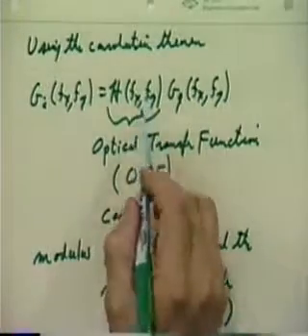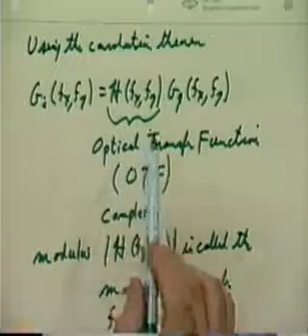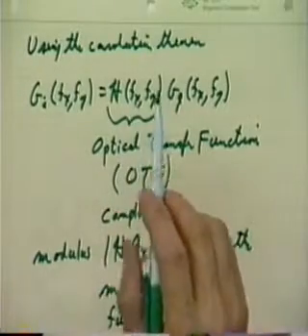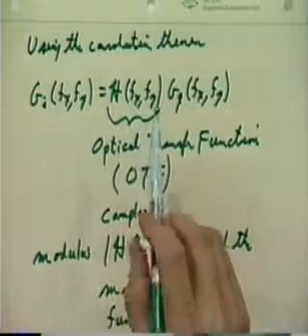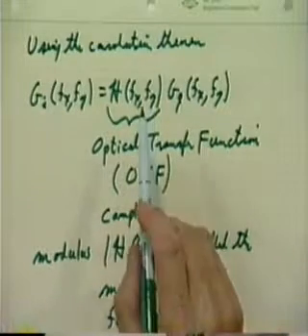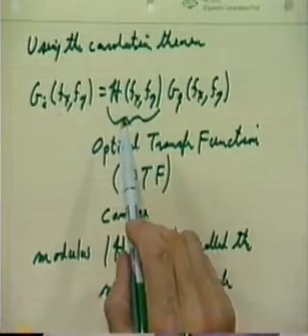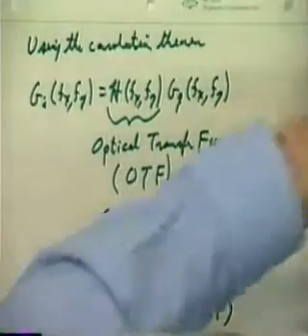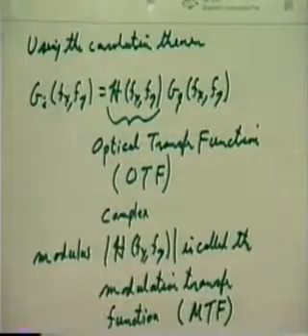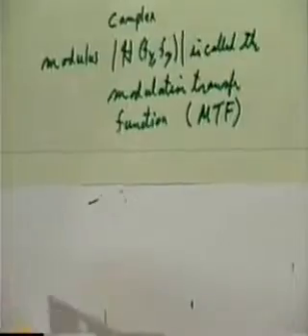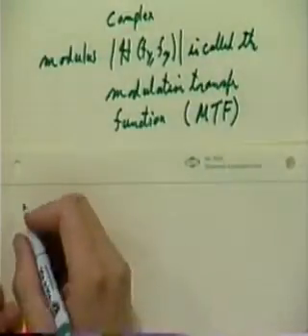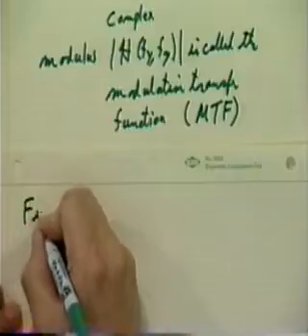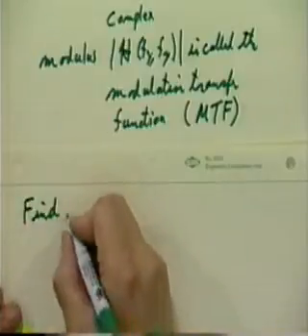And so we want to look at this optical transfer function a little bit. And the first thing we're going to do is find a relationship between the coherent amplitude transfer function and the incoherent optical transfer function. So find the relationship.